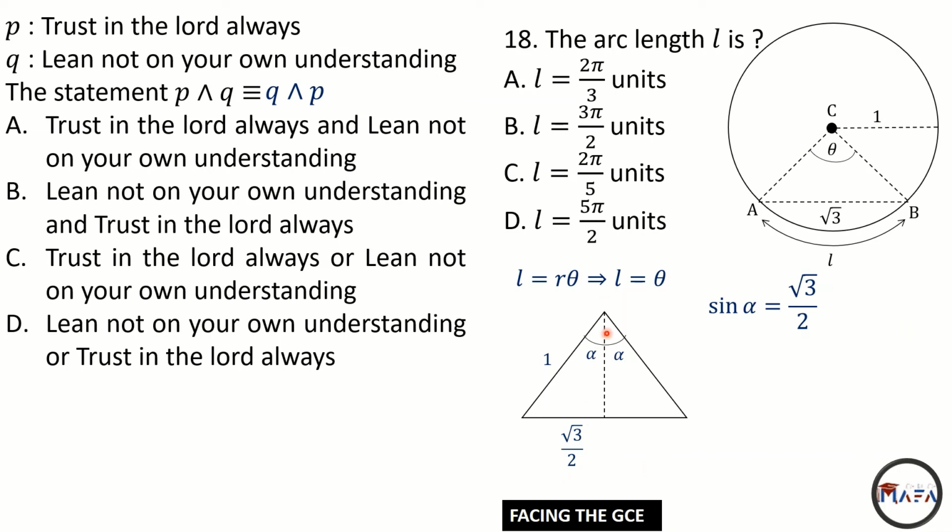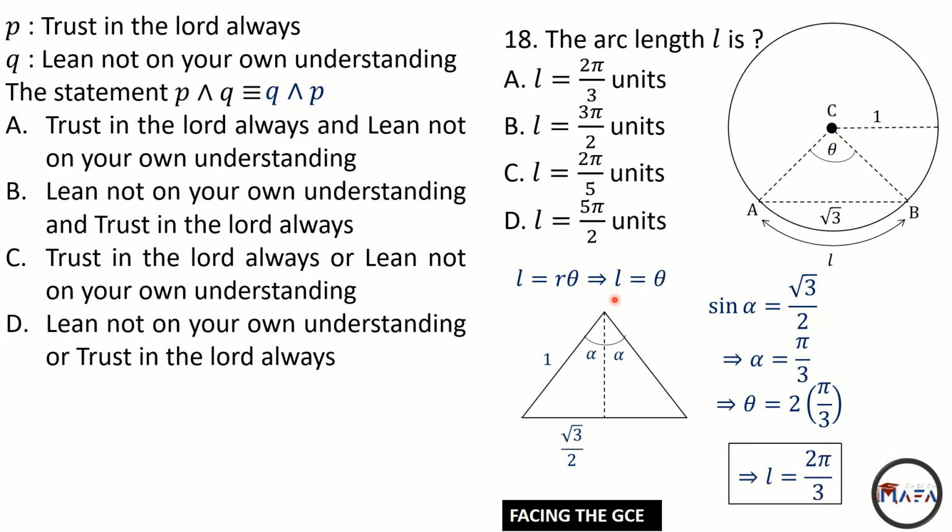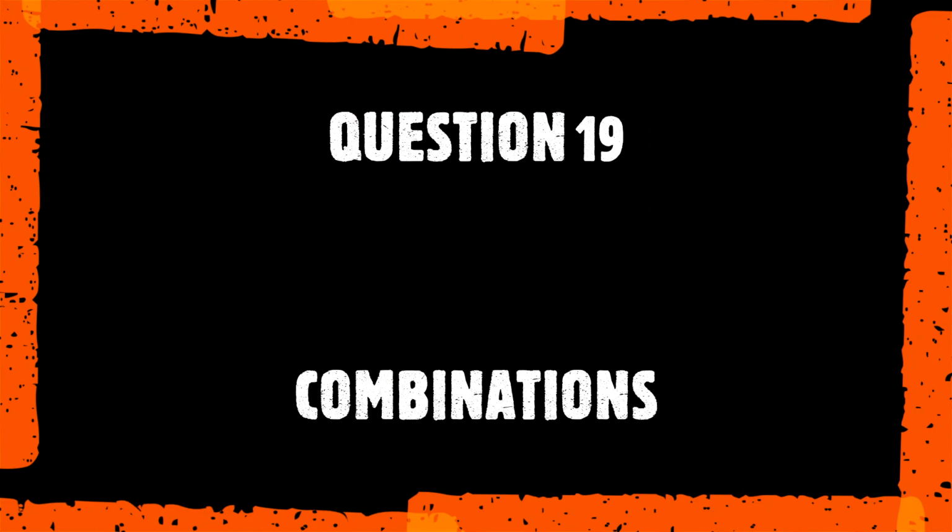We use sine alpha to be the opposite, which is root 3 on 2, divided by the hypotenuse, which is 1. We now get our alpha to be 60 degrees, that is pi divided by 3. What about theta? Theta is 2 alpha, so it means our theta is 2 pi divided by 3. But our theta is the same as the arc length, so our arc length is 2 pi divided by 3 units. So option A is correct.